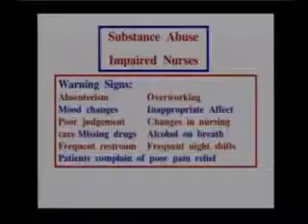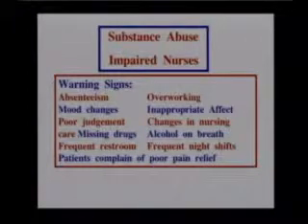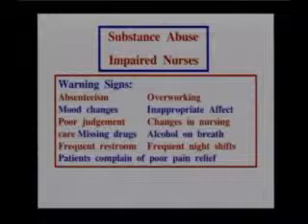Now, I want us to take a moment and talk about substance abuse, particularly as it relates to nurses. Sometimes they put questions on NCLEX about nurses who may be alcoholics or abusing substances. Some of the things that might give you warning signs that a nurse was abusing a substance: excessive absenteeism, or the opposite, overworking.